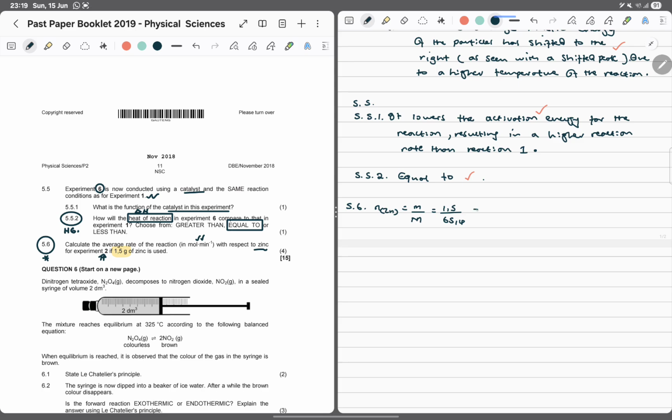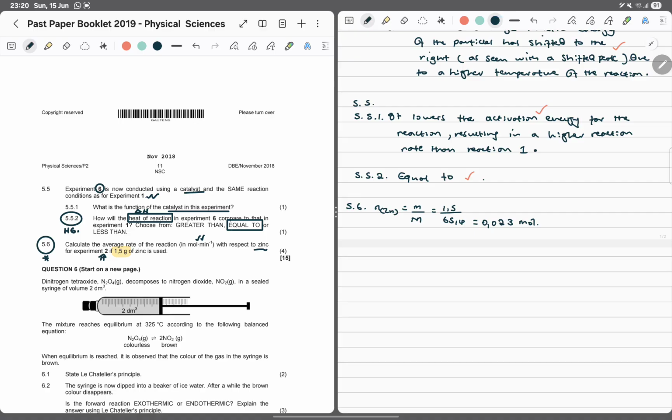So be very careful. So obviously, what is the answer here? We need the number of moles. So 1,5 divided by 65,4 gives us 0,023 mole to 3 decimal places.